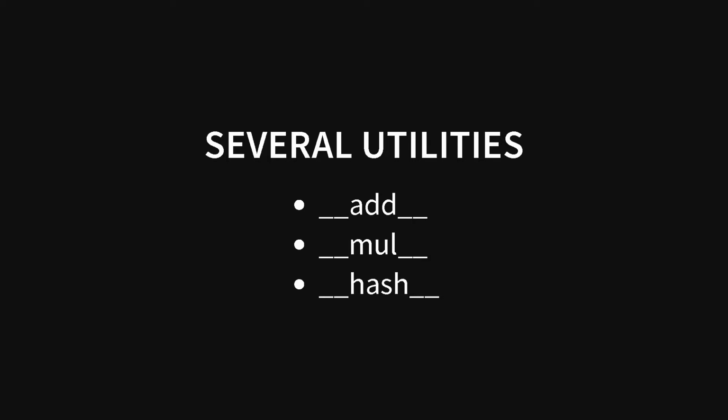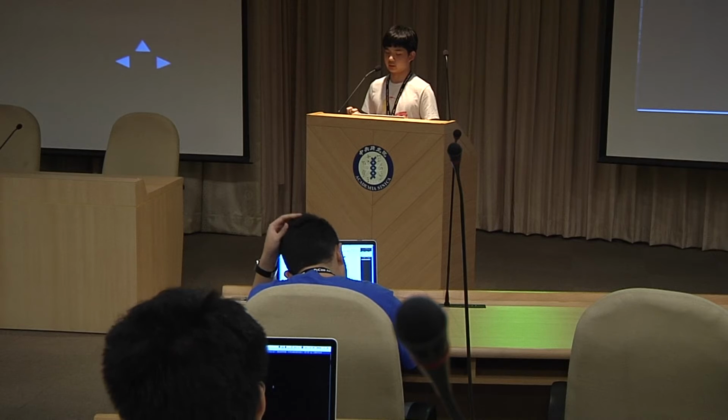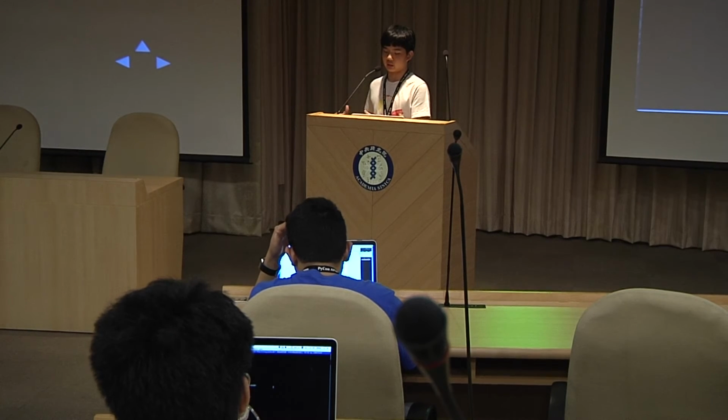And in this class, I implemented 3 useful utilities, which I think most of you already know from defining a class in Python. The double underscore add is the function which is called when you're doing a step object plus another thing.